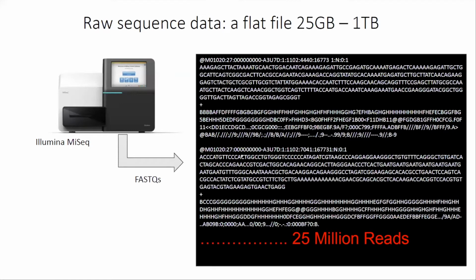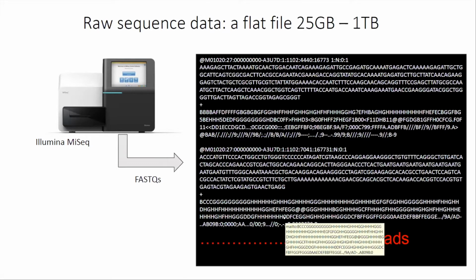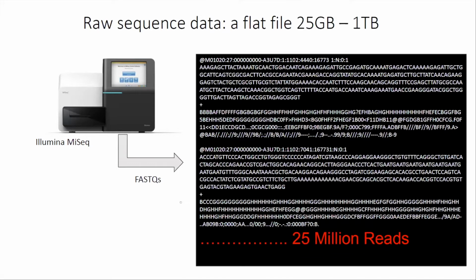And then I'm just showing you another read below that, in the middle part of that black box. And at the bottom, you see up to 25 million reads. This is one of the smaller instruments, in fact, now on the market. We have instruments from the same vendor called NovaSeq, and those are producing thousands of millions of reads of data.